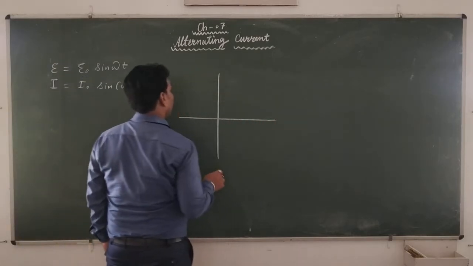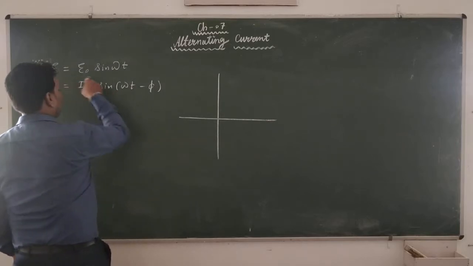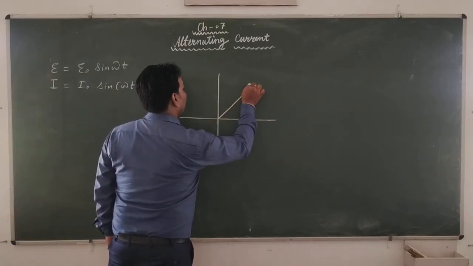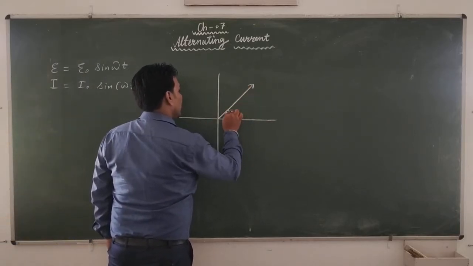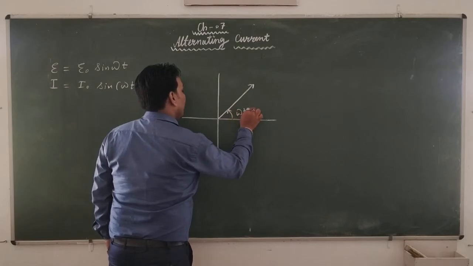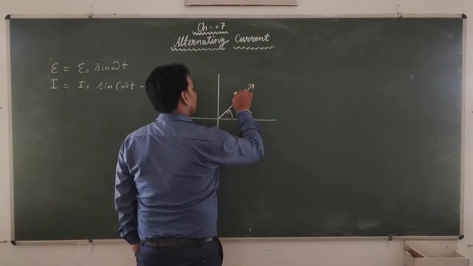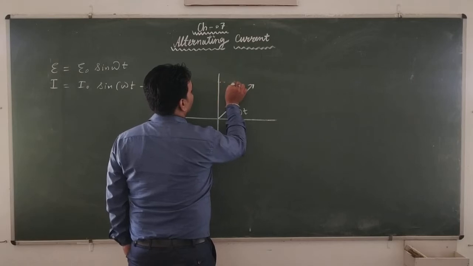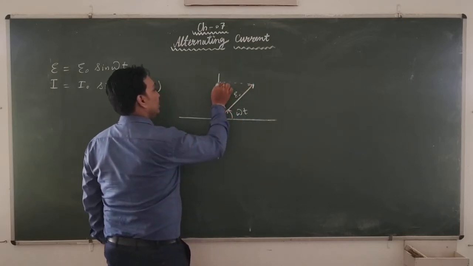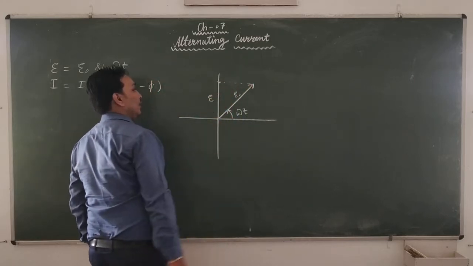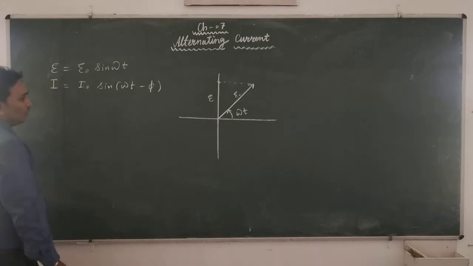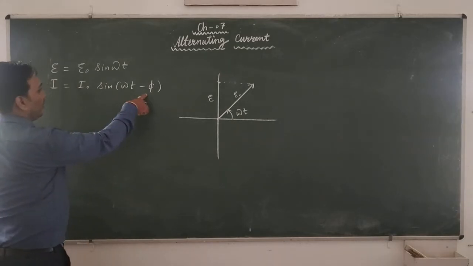I have told you for alternating EMF, if we draw the phasor like this, this angle is going to be omega t, this arrow length is going to be E0, and from here till here it is the value of E.